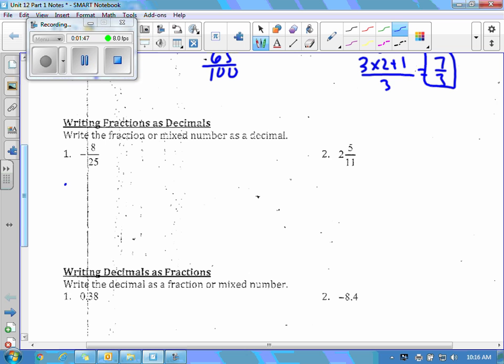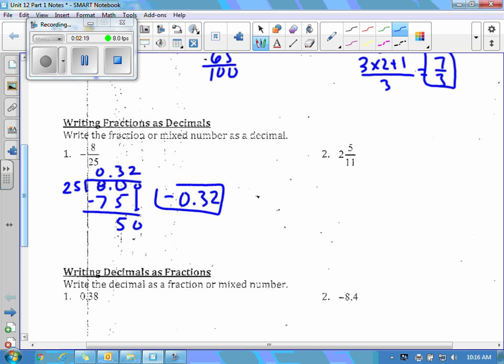If I'm going to divide that, I'm going to put 25 outside of the house, 8 inside of the house. 25 cannot go into 8, so I put a 0, decimal, and put another 0. 25 goes into 80 3 times. 3 times 25 is 75. So 5, pull down a 0. 25 goes into 50 twice. So my decimal is 0.32.